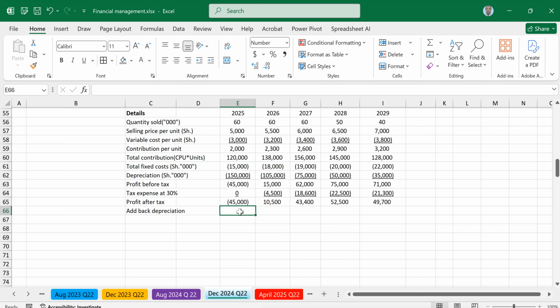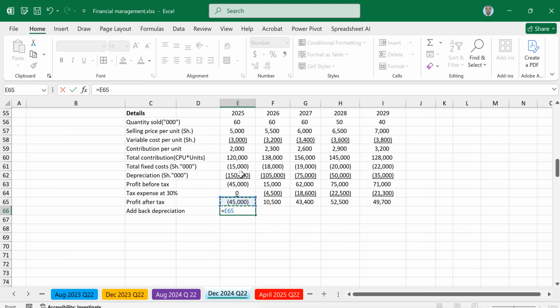So it will be the profit after tax plus depreciation. Now depreciation appears as a negative, so do we less?